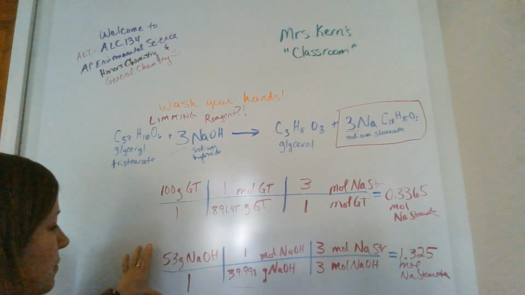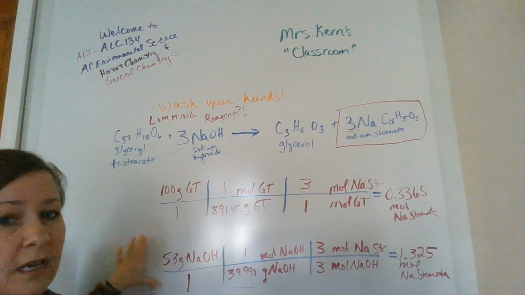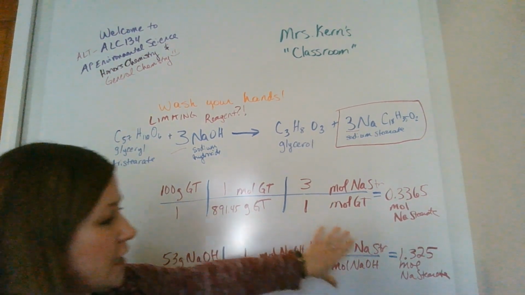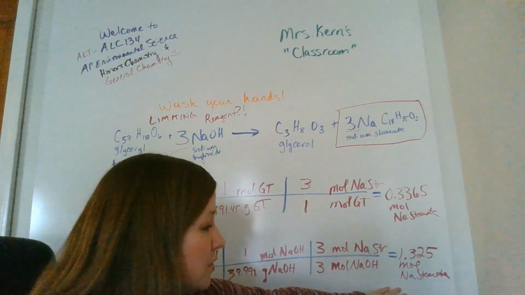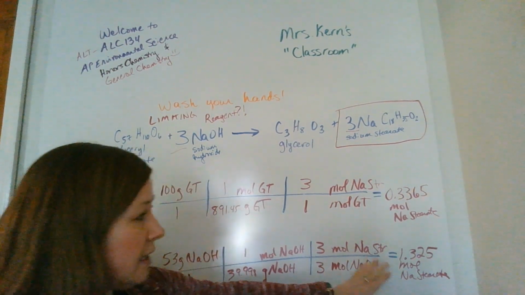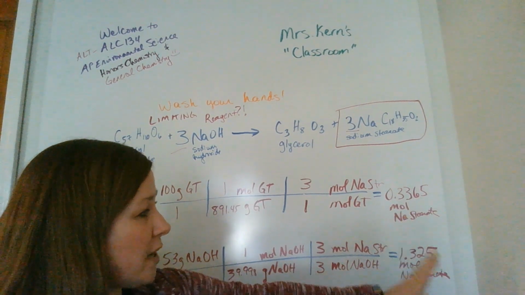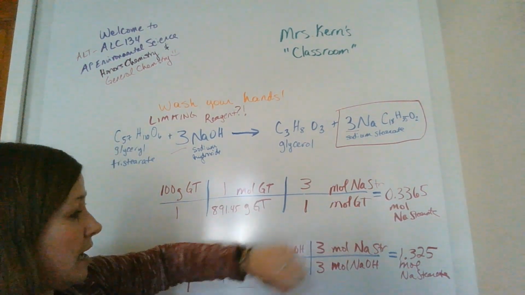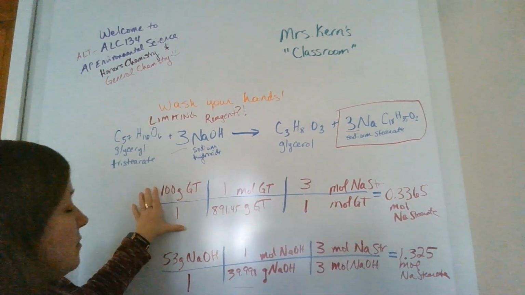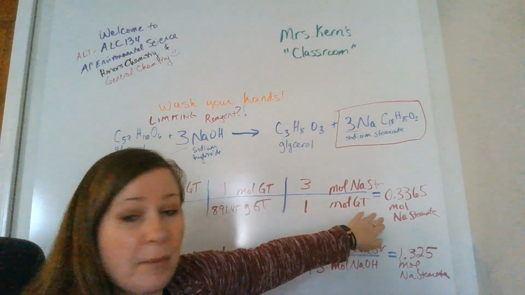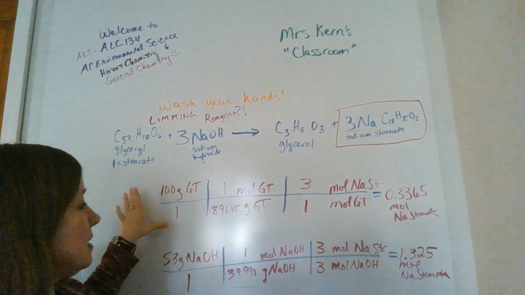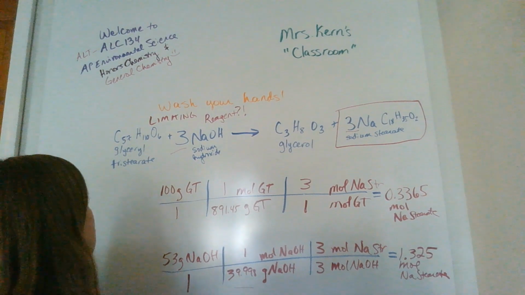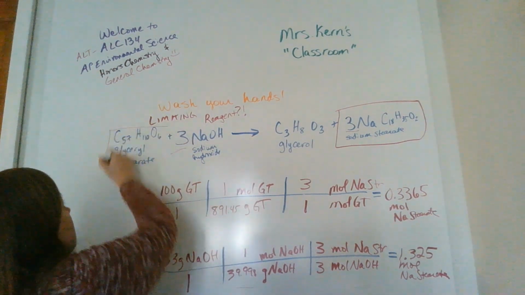And if I had 53 grams of sodium hydroxide and enough of the glyceryl tristearate to react all of it, then I could get 1.325 moles of sodium stearate. Again, I could have gone a step further to grams, but I would have found the same answer. Because this reactant produces the smaller amount of product, this is my limiting reactant in this equation. So the limiting reagent, which one is it? This one.